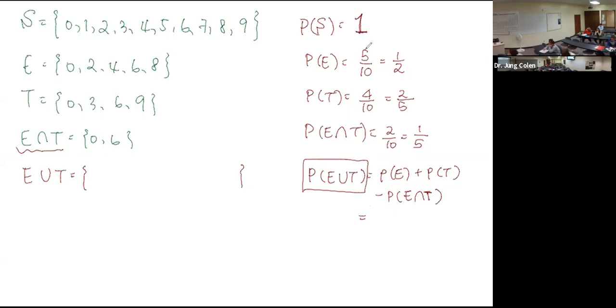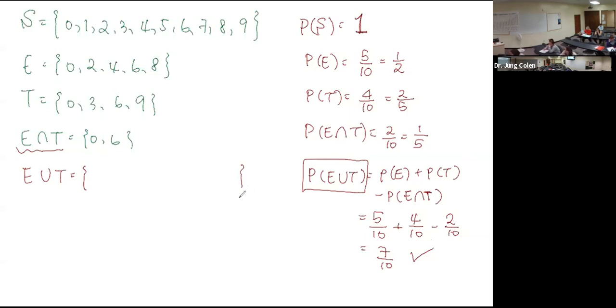The probability of E we already found, 5/10. I'm going to keep it as 5/10, not the simplified form, because everything else is over 10. And probability of T is 4/10. And you take away the intersection, 2/10. So 5 plus 4 minus 2, 7/10. So that's one way. Very good.